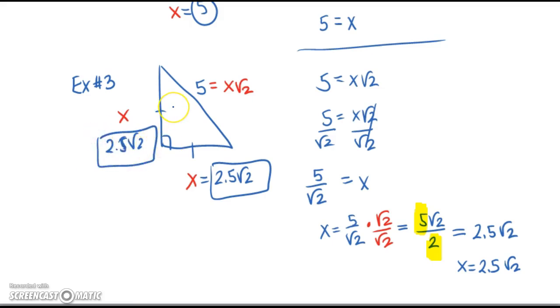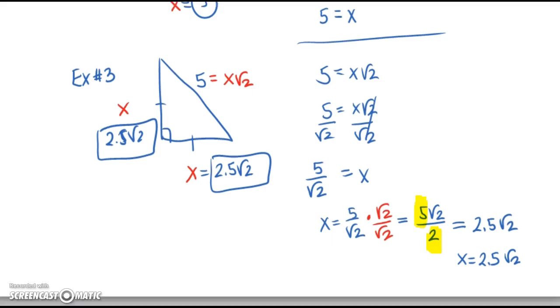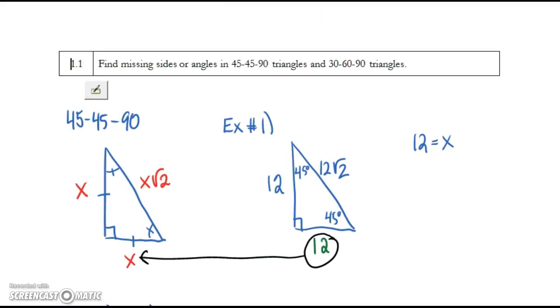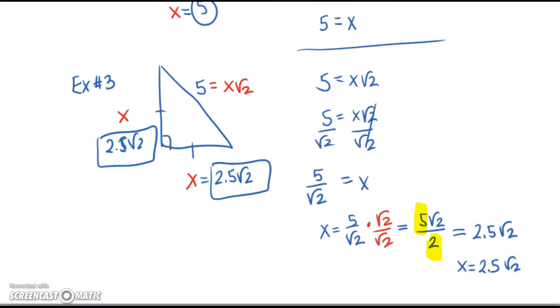Notice this time the x sides have the root 2 attached to it, and the hypotenuse doesn't have a root 2 attached to it, and that is okay. These red x, x, and x root 2 represent the ratios between the sides, not what the side actually should look like, if that makes sense. Okay. All right, let's take a look at 30, 60, 90 triangles.